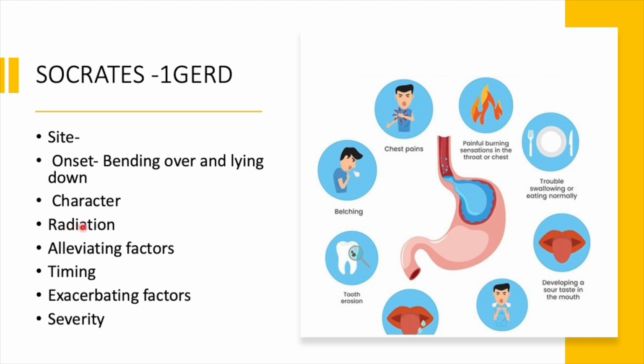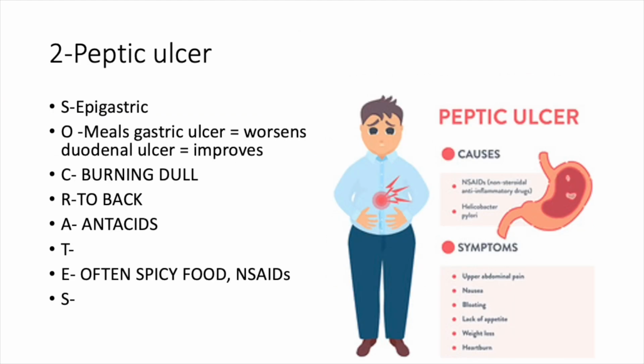The pain may be radiating, as I have mentioned. Relieving factors: taking antacid. Exacerbating factors already mentioned, bending over and lying down. The severity you can tell depending on the patient. So this is how you apply the 7-dimensional analysis of symptoms for abdominal pain of gastroesophageal reflux disease.